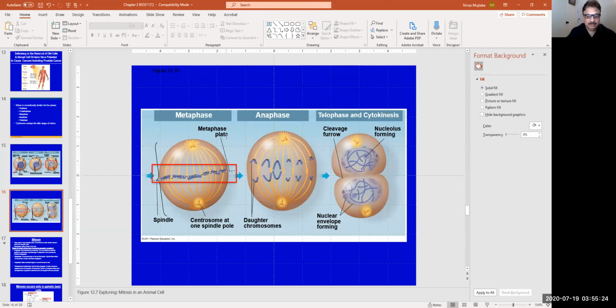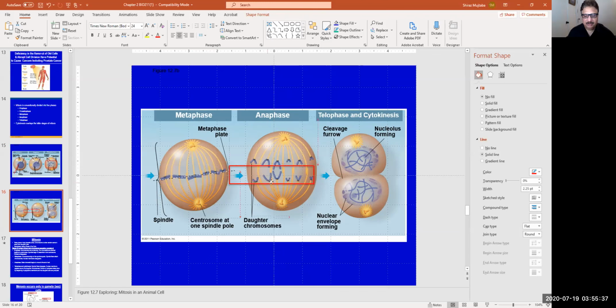It is very critical because after this, the chromosomes will divide. And when they divide or break, they move towards opposite poles. So in anaphase, the chromosomes split and move towards opposite poles.